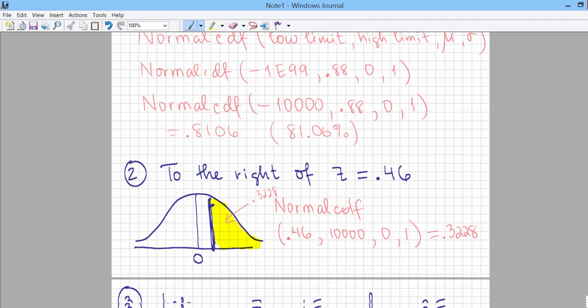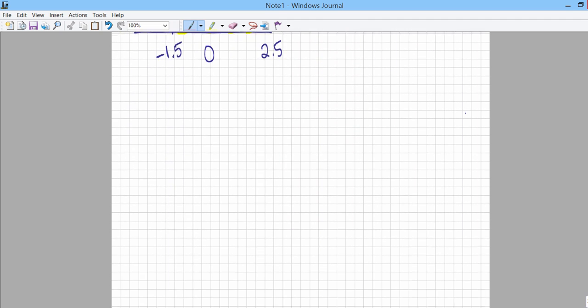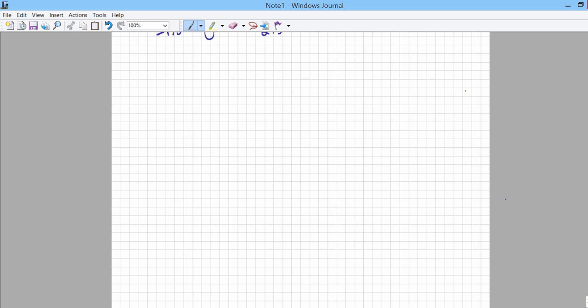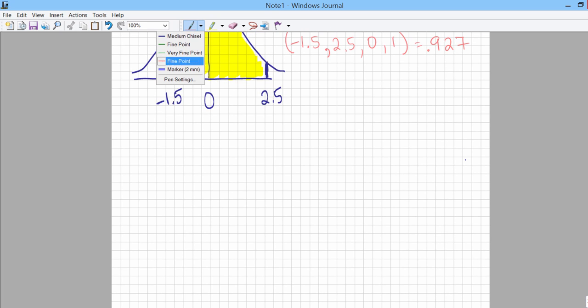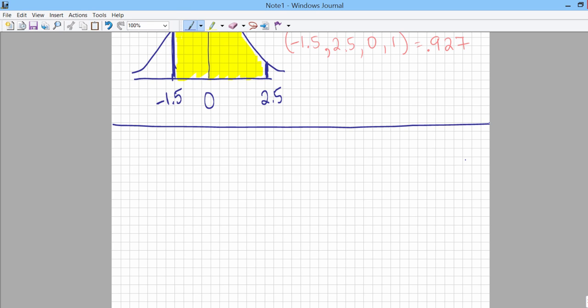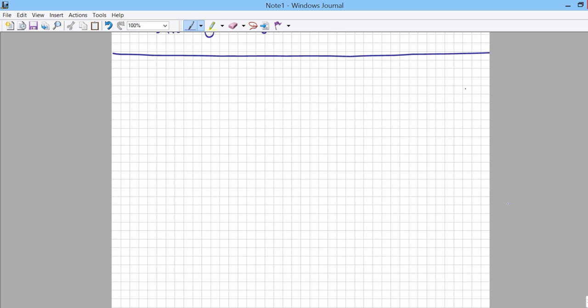Okay, and the second command that we need to use is going to be the inverse normal. So let's talk about that. What if you are given the area and you want to find the z-score that corresponds to it? For example, this one will say find the z-scores for which, and we have a couple of different scenarios.